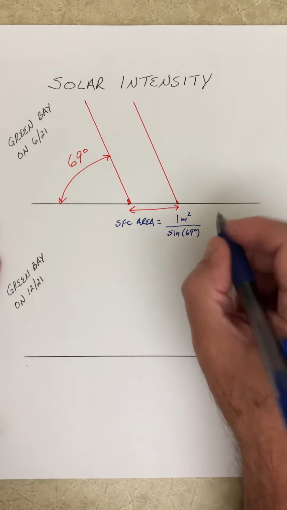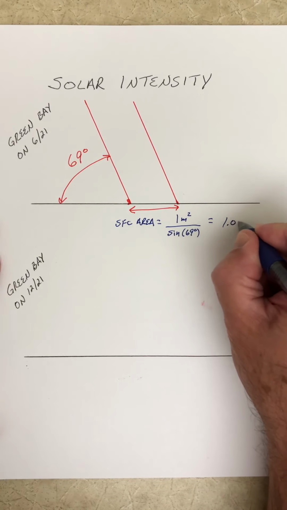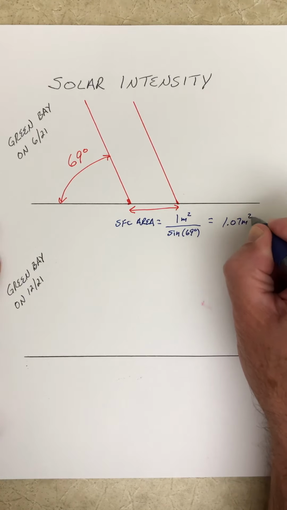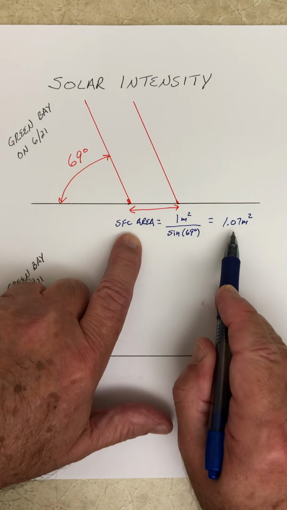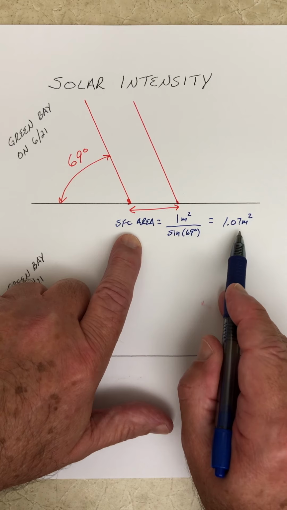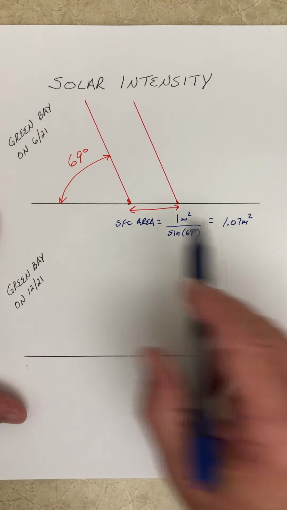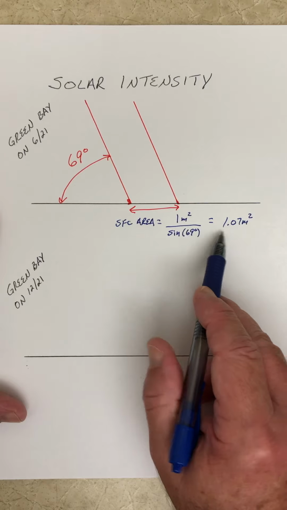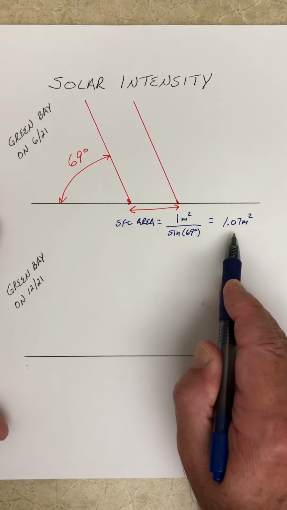If you do the math, this comes out to 1.07 meters squared. So this is the smallest surface area you're going to have. This is a very intense beam. This is a low amount of surface area being covered by this sunbeam coming in. That sun ray is only covering 1.07 square meters.